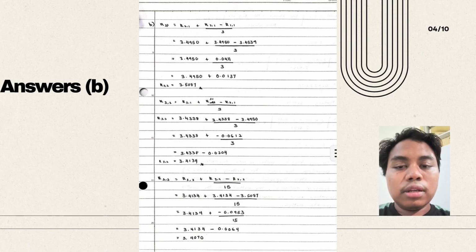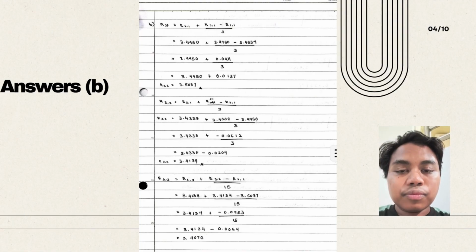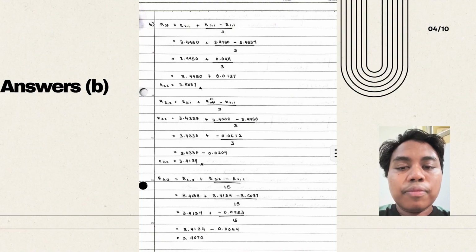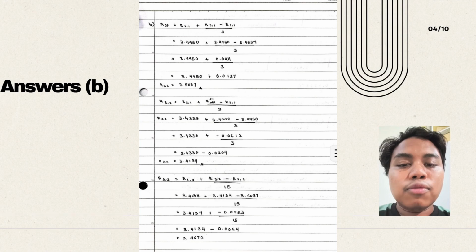Step 1: R2,2 equal to R2,1 plus (R2,1 minus R1,1) divided by 3. Substituting the values, it will be 3.4950 plus (3.4950 minus 3.4539) divided by 3.